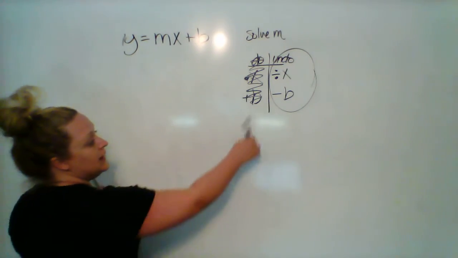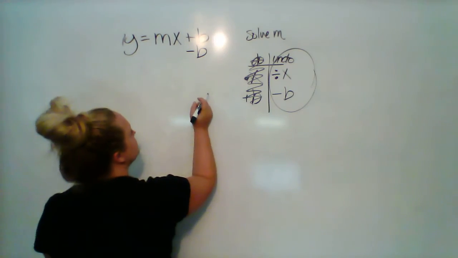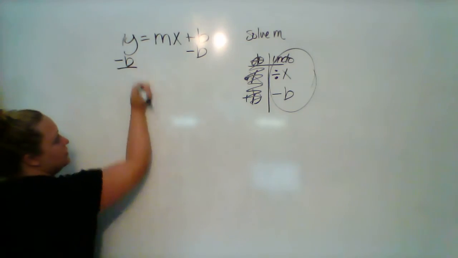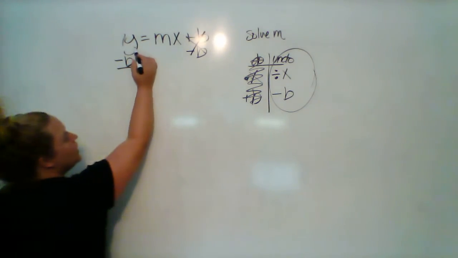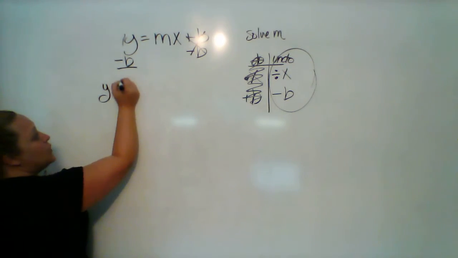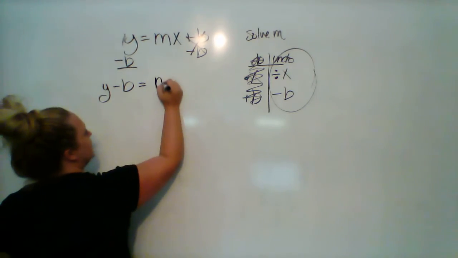So what we're going to do, we need to get rid of the b. So I'm literally going to subtract a b here, and I'm going to subtract a b here. This would cancel. I know that y minus b will not give us an exact answer, so we will leave it as y minus b. Equals comes down, mx comes down.